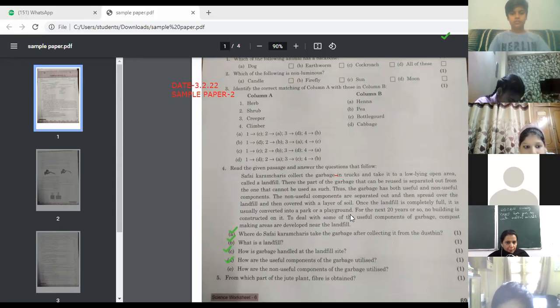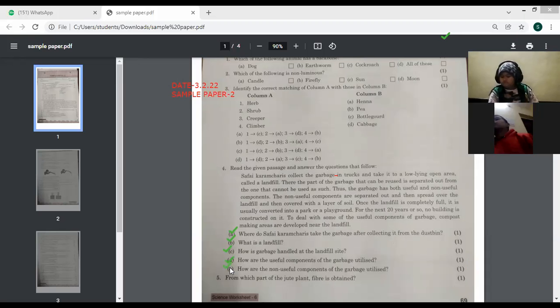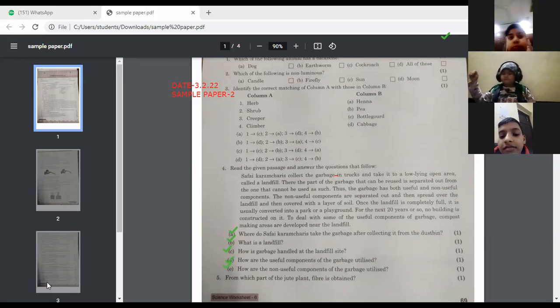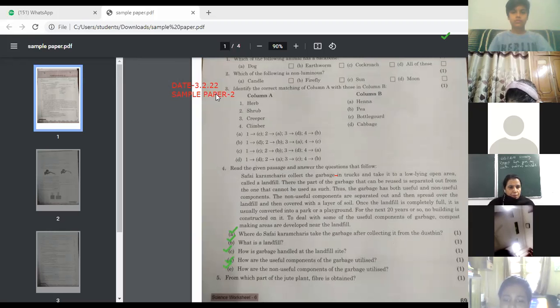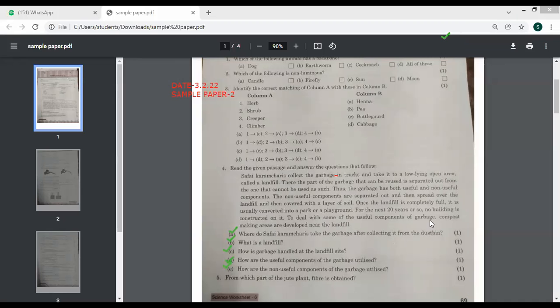Next is E part. How are non-useful components of garbage utilized? You know that first the garbage is segregated into useful and non-useful components. Saksham Sharma, tell me E part. Ma'am, I don't know. Ma'am, can I tell? Check the answer in the above paragraph.